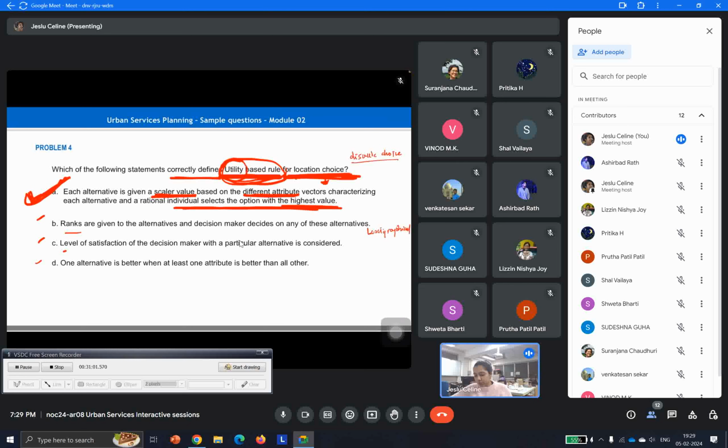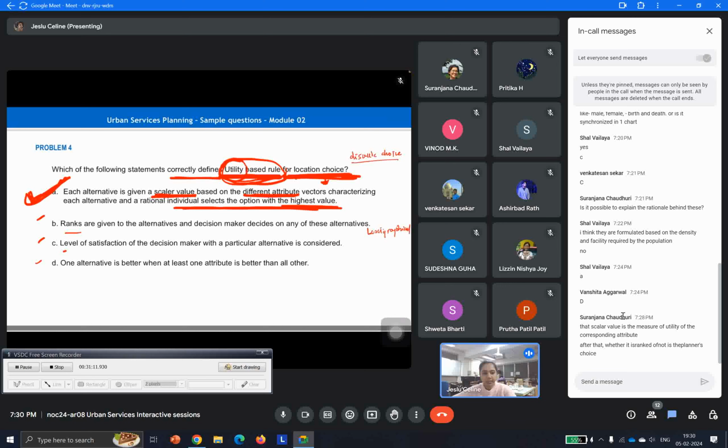Now we have option C, which is level of satisfaction of a decision maker with a particular alternative is considered. So anybody remember? Can someone recollect what this falls under? The level of satisfaction. So it's called a satisfactory choice, like a choice based on satisfaction.